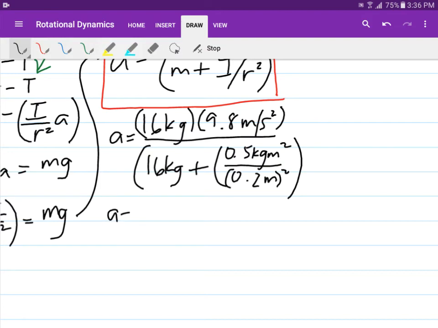So our acceleration is 5.5 meters per second square.